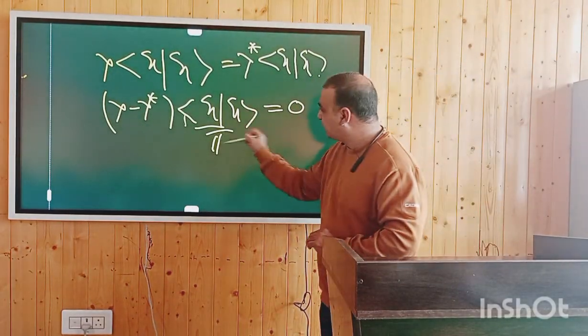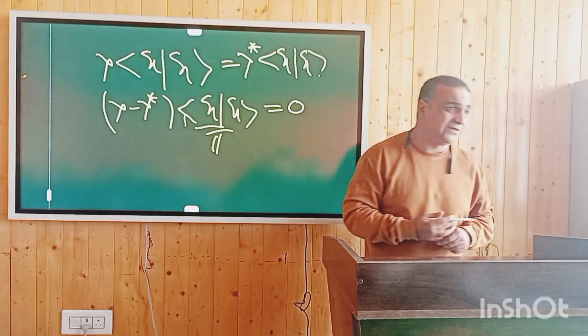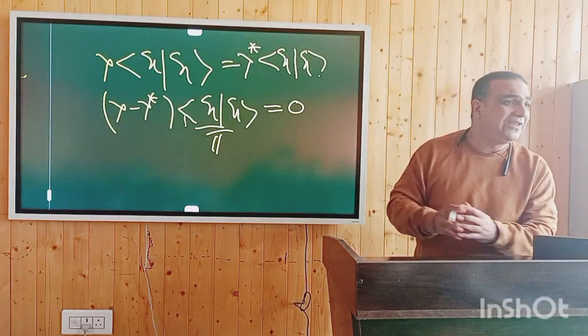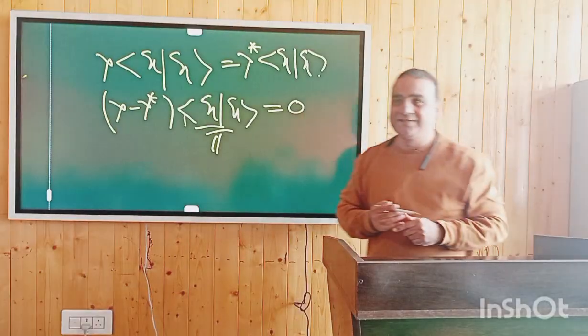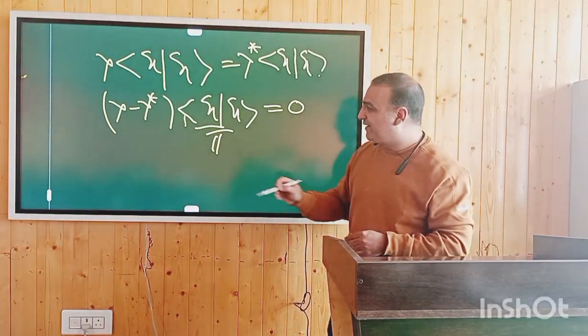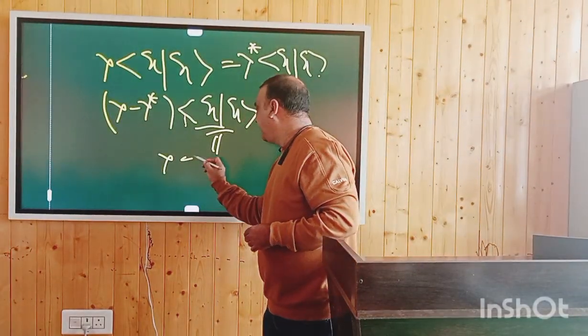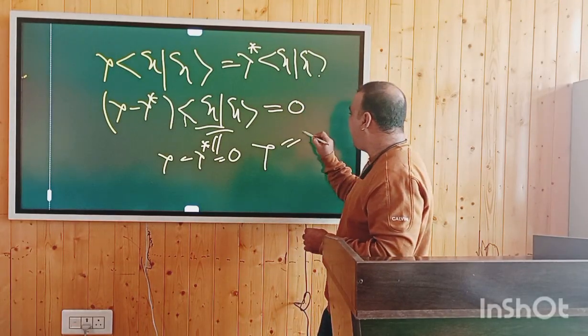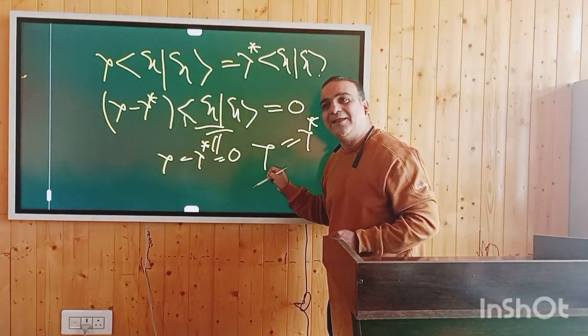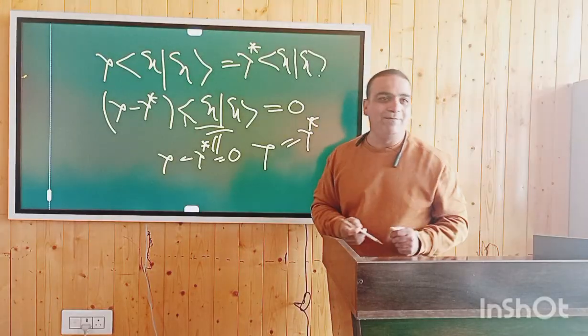So this product cannot be equal to 0, because when you multiply one with another and get 0, either of the two has to be equal to 0. So this is not 0. What is 0? Lambda minus lambda star is 0. So that means lambda is lambda star. What was lambda? Lambda was a real number.